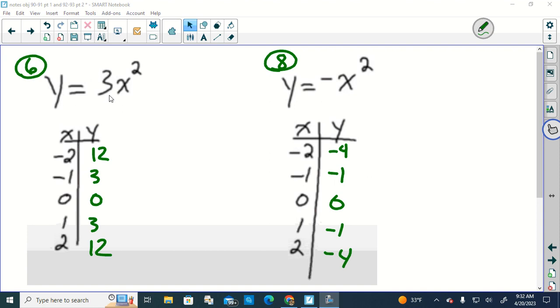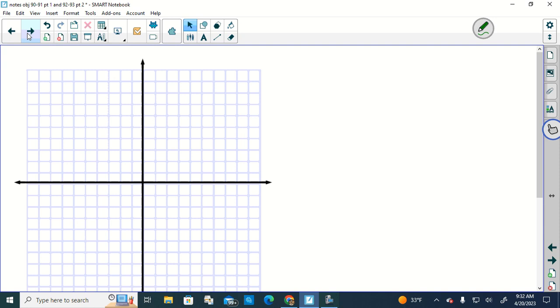So anytime you have your pattern, let's go graph this now. You had -2, up 12, so we start at the origin because we had 0, 0 on there. We go -2, so 1, 2, up 12, which is going to be on my graph: 1, 2, 3, 4, 5, 6, 7, 8, 9, 10, 11, 12.